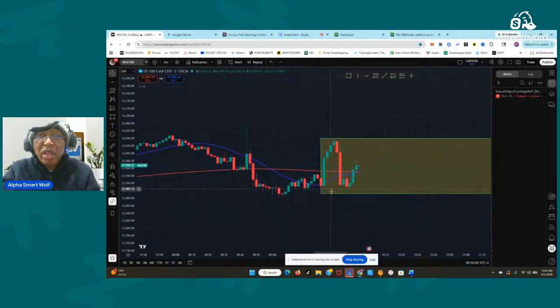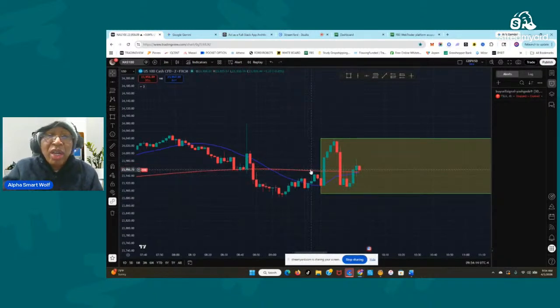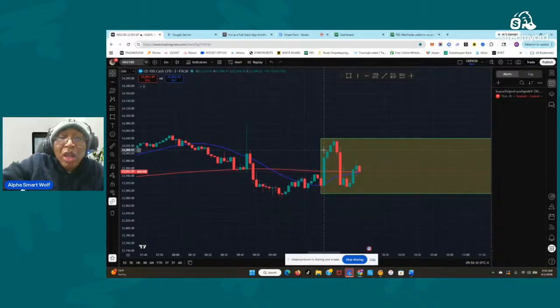You can see it's still going up because the green is actually trying to cross the red. The 20 is trying to cross the 200. However, the 200 is slightly bent down. 20 is trying to go up. They're very close to each other.